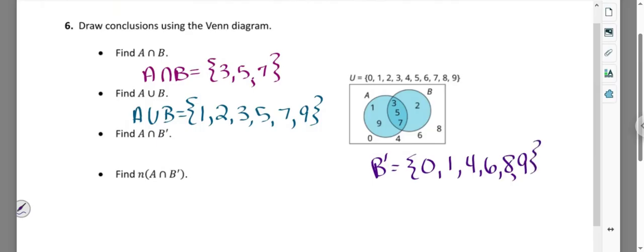Because in set B, we have 2, 3, 5, 7. All the rest of the numbers are not in B. So the intersection of A and this complement would just be 1 and 9.